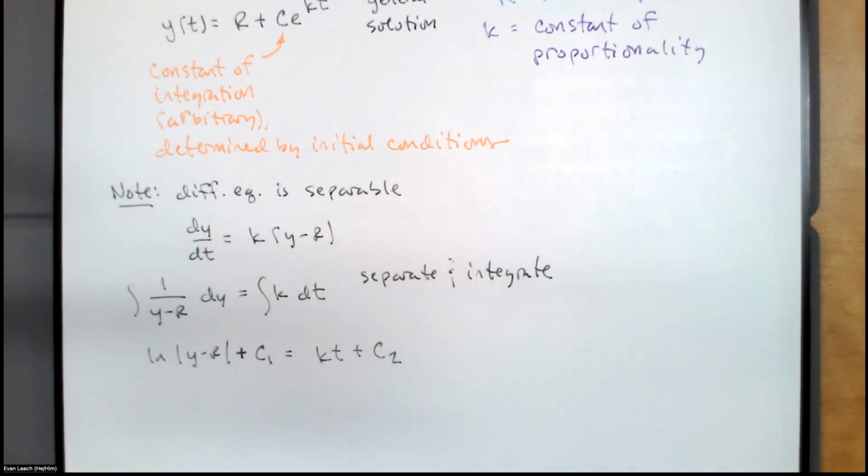The constants of integration are arbitrary constants based on initial conditions. If you keep them separate and you find out later that C1 is 5 and C2 is 7, that's the same thing as putting C1 over on the C2 side and then finding out that the arbitrary constant is just 2.